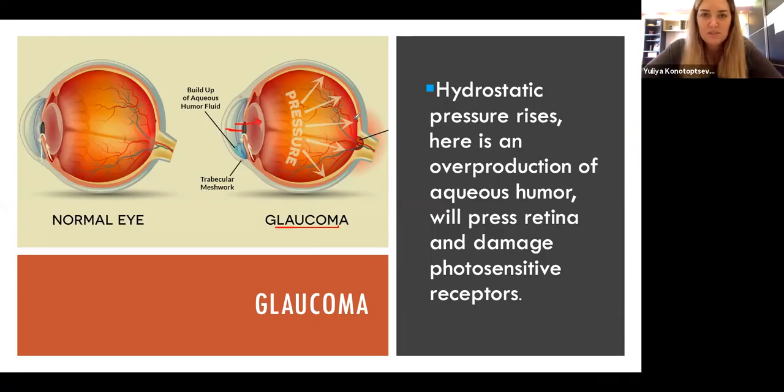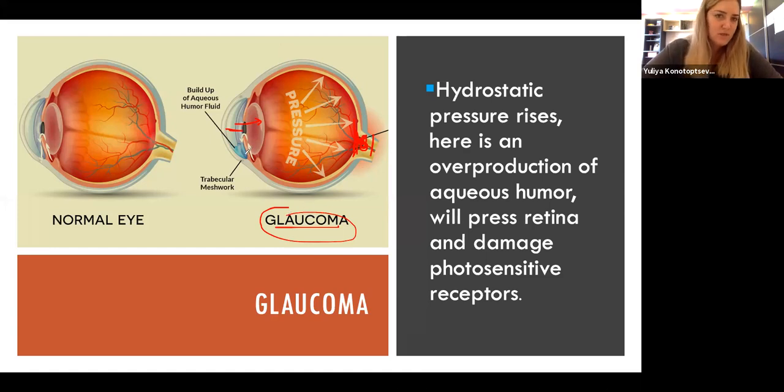The problem is that at the back we have the optic disc, the area where optic nerve would be. The vessels here become compressed. That causes necrosis, death. Your optic nerve starts to die. It leads to blindness. Uncontrolled glaucoma leads to blindness.